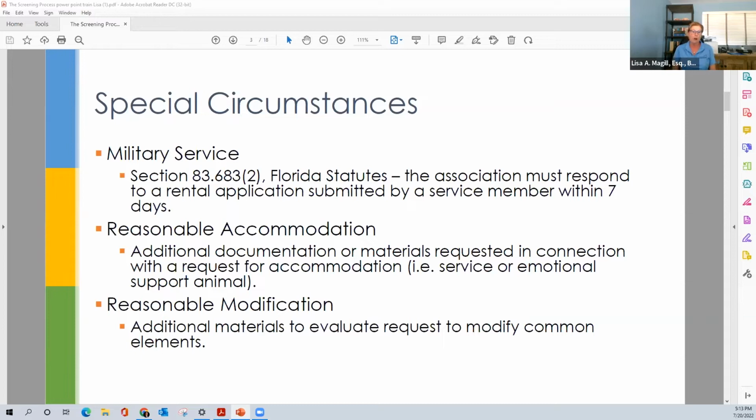Well, you are obviously going to request additional information in connection with those. Is your timeline exactly the same? Probably not. Your documents probably don't create an absolute timeline for approving either a reasonable accommodation or a reasonable modification, but that's where your communication comes in.